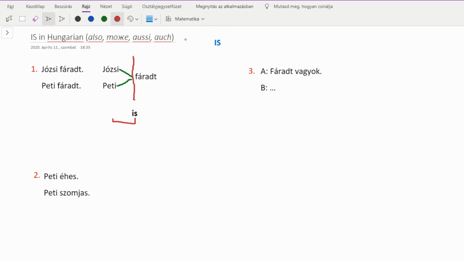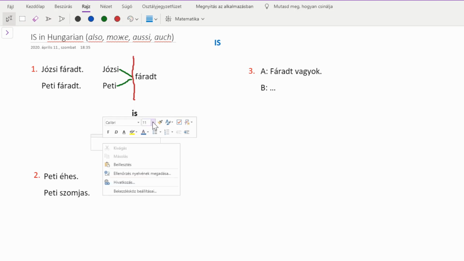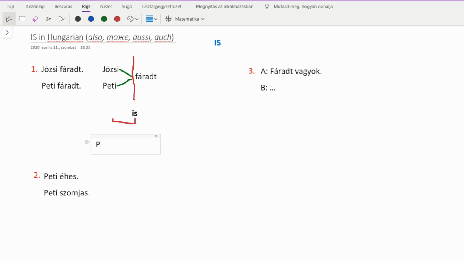So if we want to say that Józsi fáradt, Józsi is tired, Peti is tired too, then in this sentence, if you want to express it this way, as I said it in English, it would look like: Peti is fáradt.